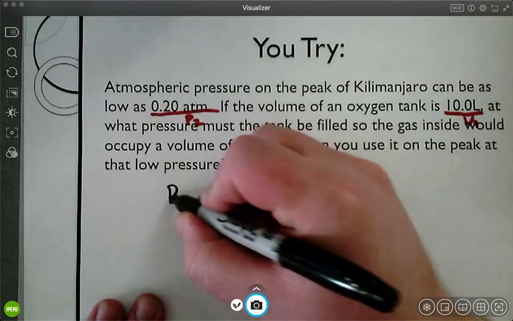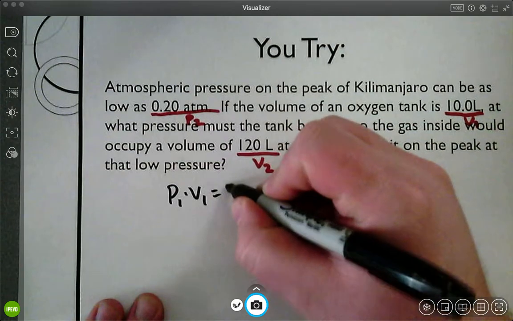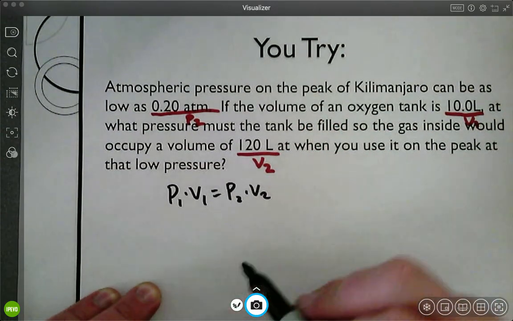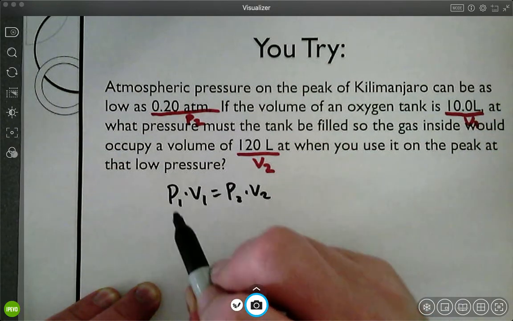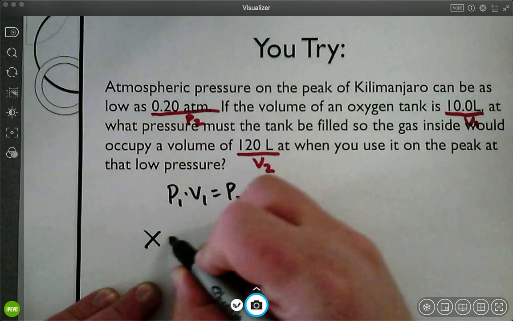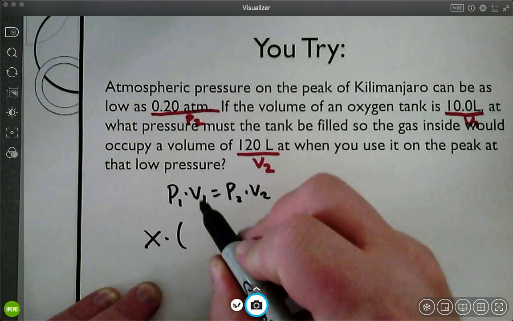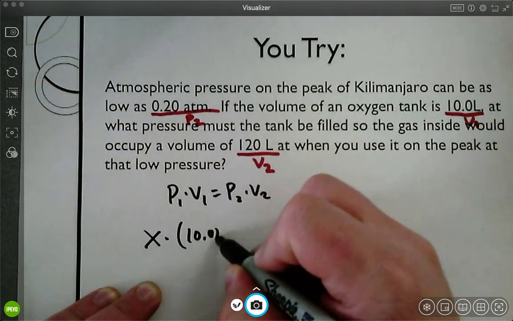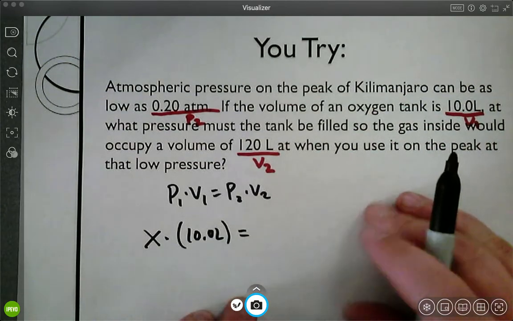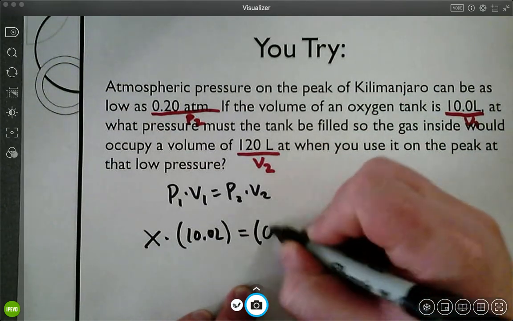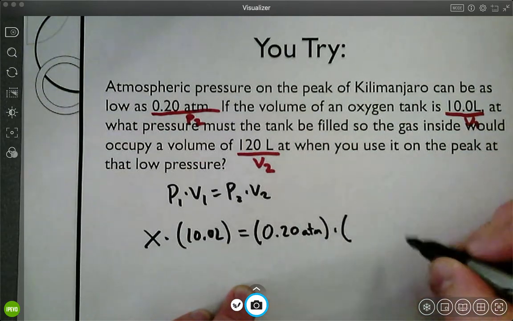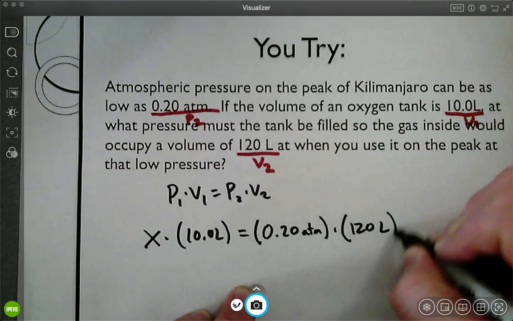Okay, so my equation, P1 times V1 equals P2 times V2. Take these numbers and plug them in. So we have P1, don't know, that's what I want to figure out, times V1, which is 10 liters, equals P2, which is 0.20 atmospheres, times V2, which is 120 liters.